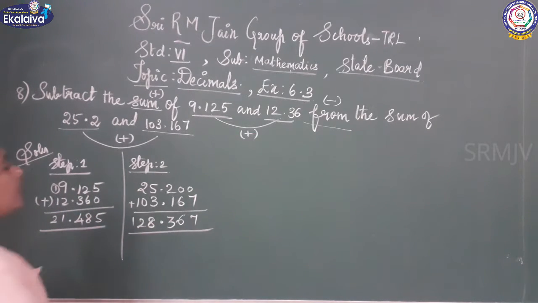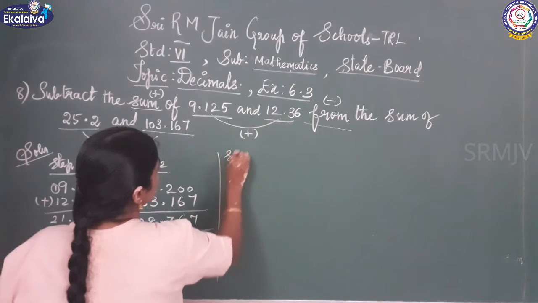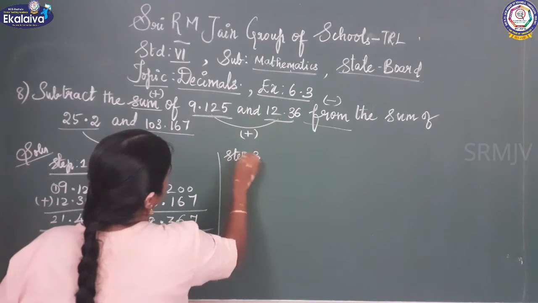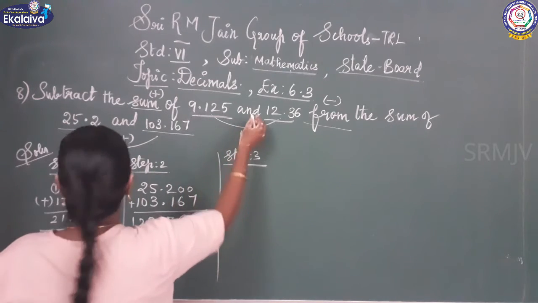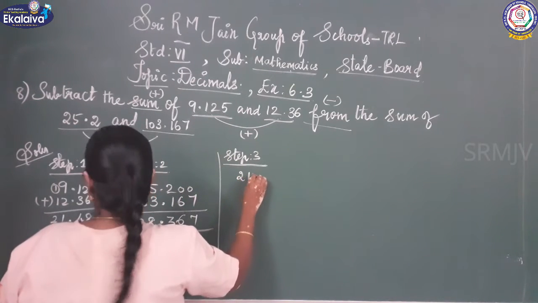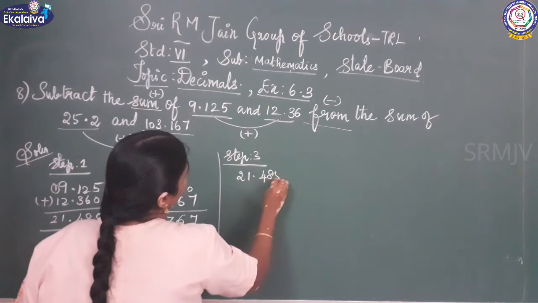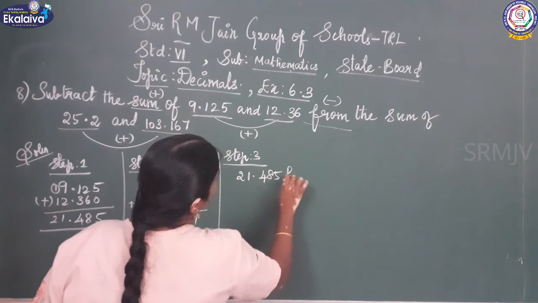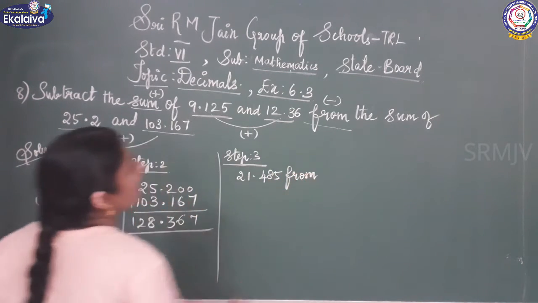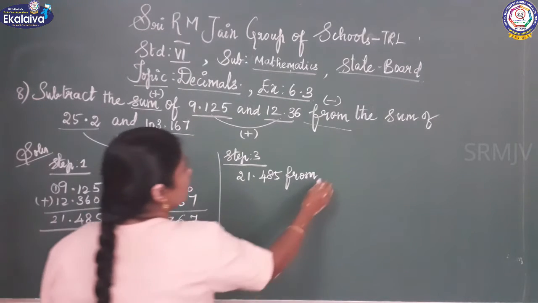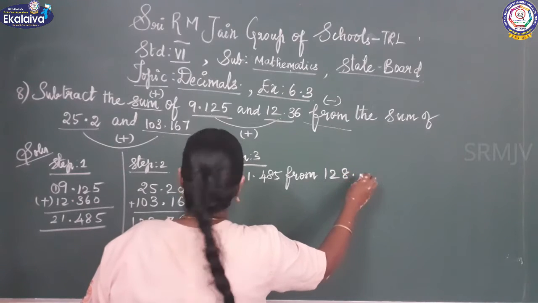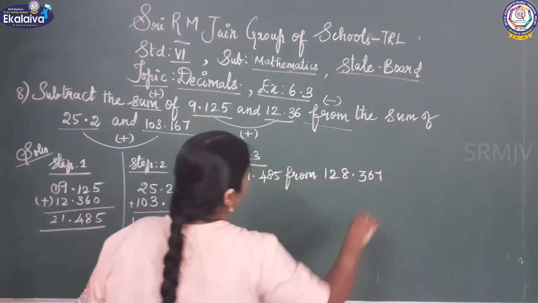Listen, see, now I am going to write the step 3 here. Can you clear this children? Step 3, what is the sum of this two? 21.485. From is there, no? So write that from. And what is the sum of these two numbers, which is 128.367.